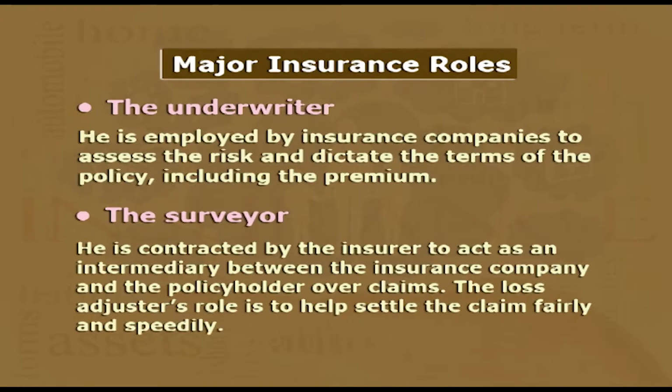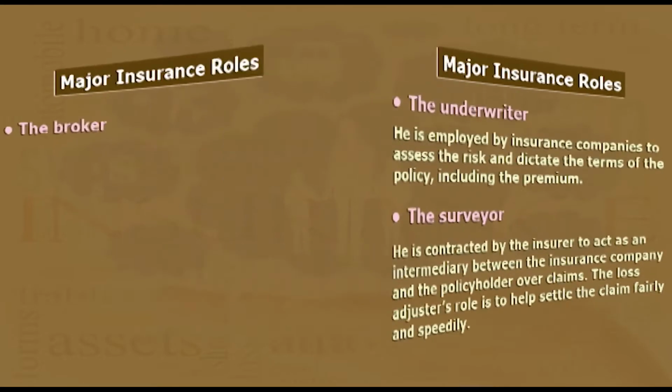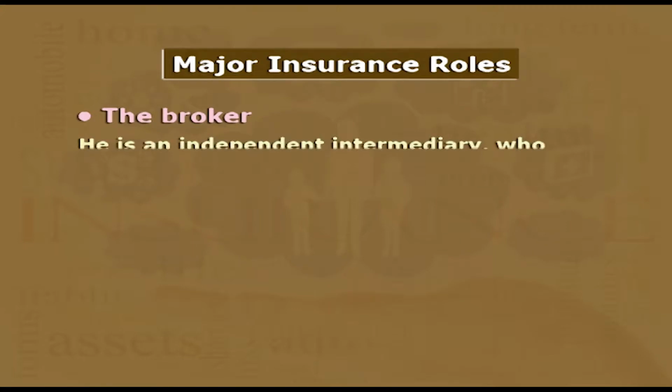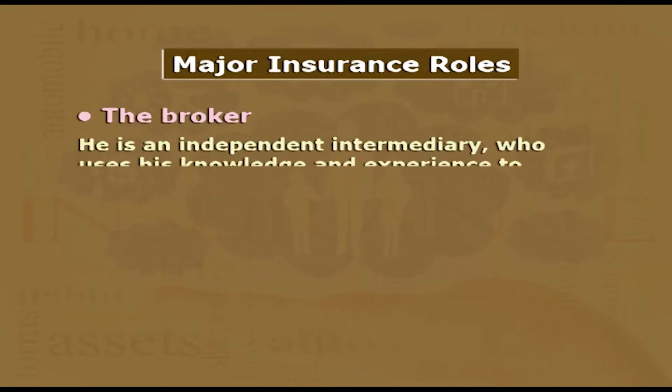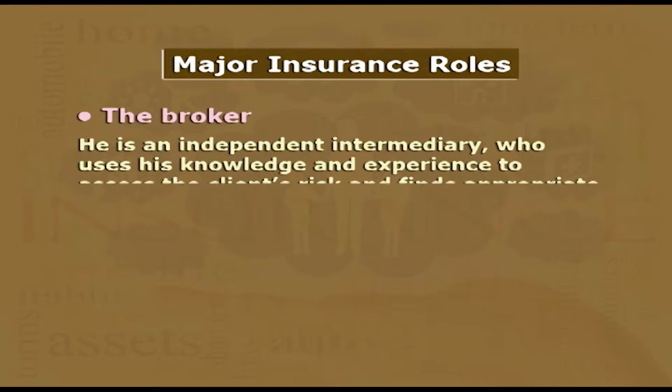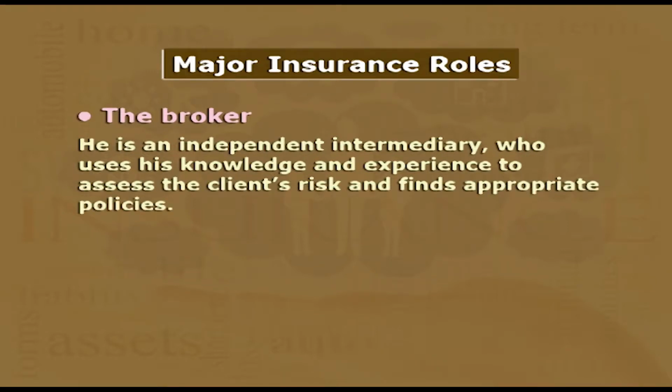The loss adjuster's role is to help settle the claim fairly and speedily. The broker. He is an independent intermediary who uses his knowledge and experience to assess the client's risk and find appropriate policies.